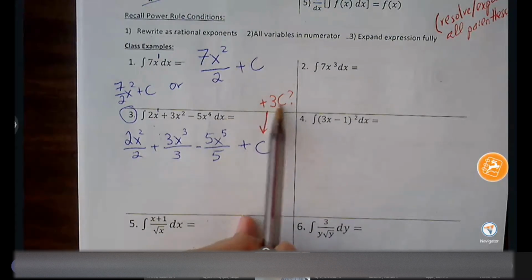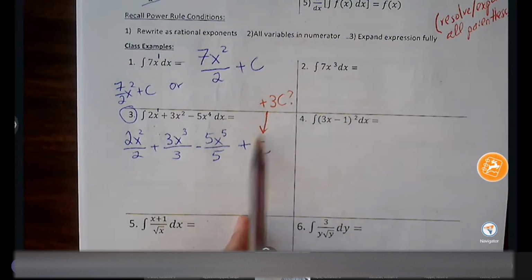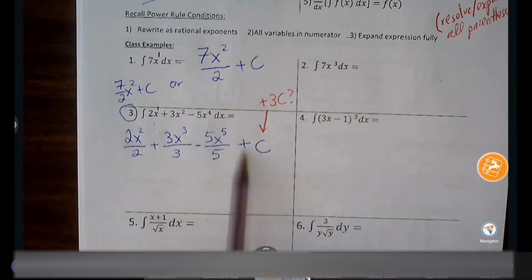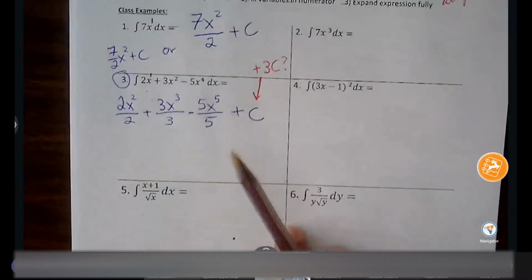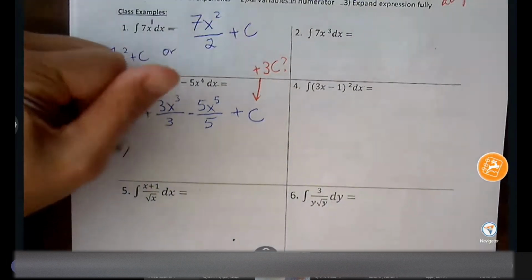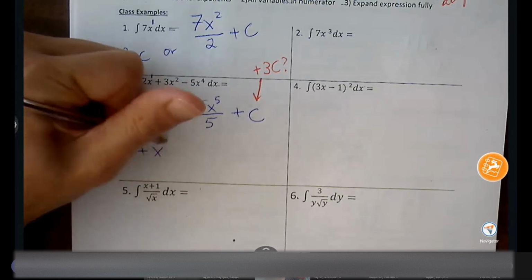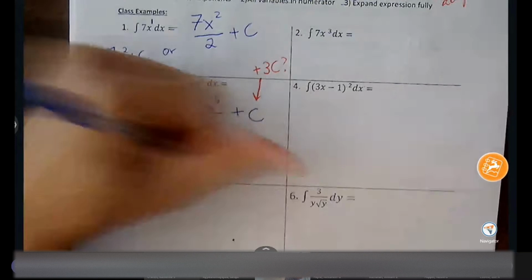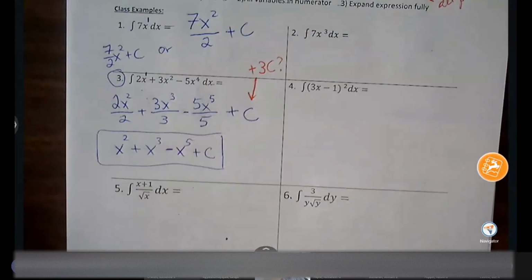So the 3 gets absorbed into that c, and we only have to write a plus c once, because technically they all produce a constant, but we can push it all together and just call it a constant. Okay, let me clean this up a little bit. All right, questions so far?